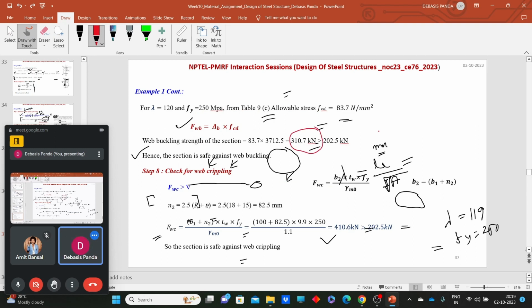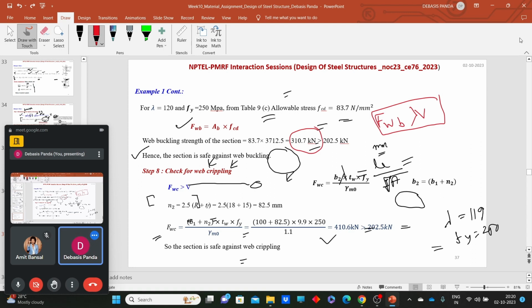And what was our criteria to be safe against web buckling? That your web buckling strength, Vb, should be greater than the factored shear force which is induced on the member. So yes, we can say now that the section we have selected as a laterally unsupported beam is safe against web buckling.